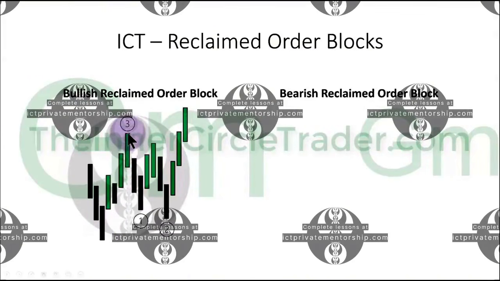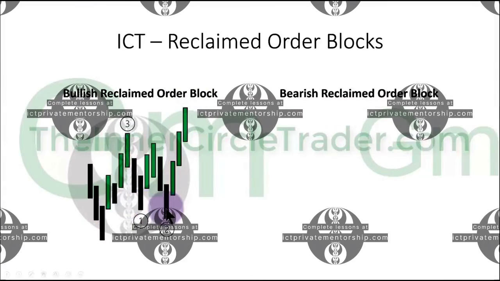And you're anticipating the draw on liquidity up here somewhere being the eventual draw for price to go higher. And they see price drop down in here, and all this is doing is the algorithm allowing interbank traders to pick up more buying in here. And then it rallies.